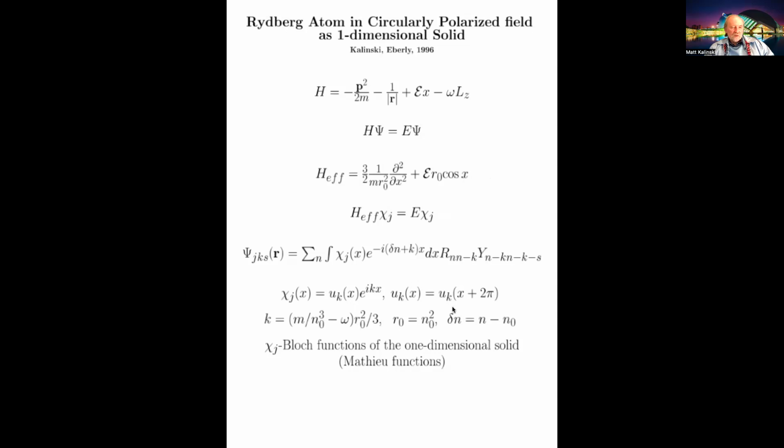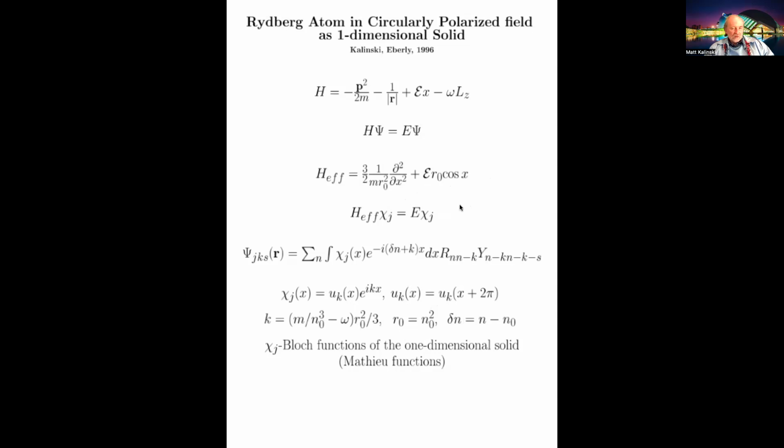Okay, the periodic potential is the cosine potential. You have a lot of models.